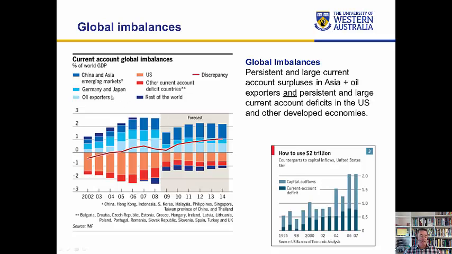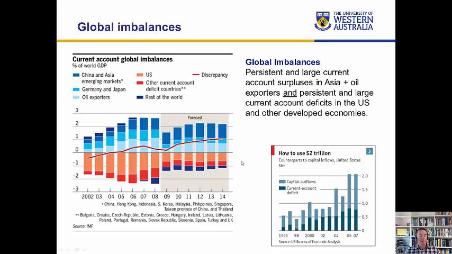Germany has smaller amounts than that. The rest of emerging Asia have smaller amounts, but we're talking trillions of dollars in total which have been loaned over this period by the countries in blue to mainly America and other current account deficit countries.